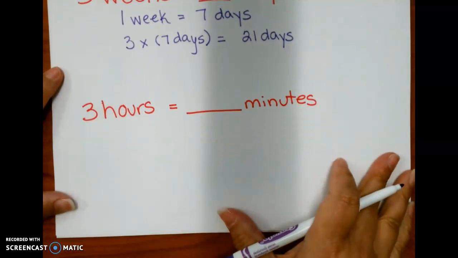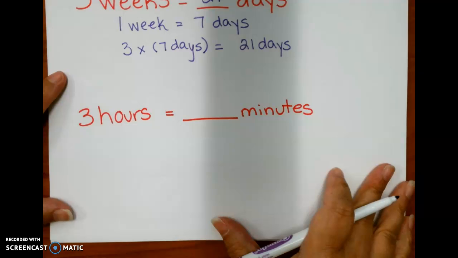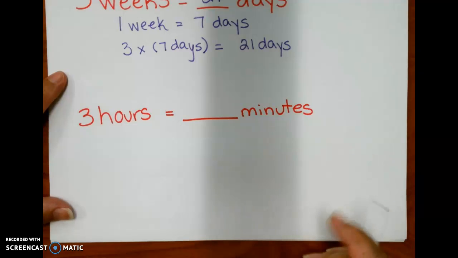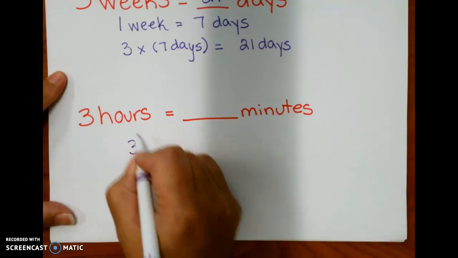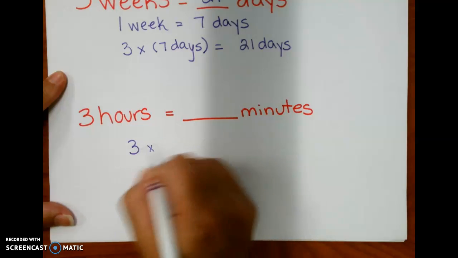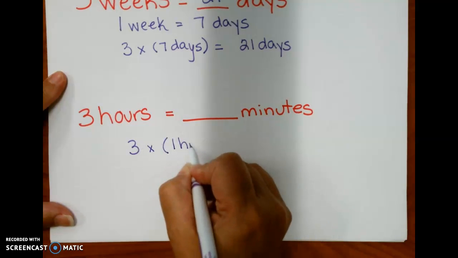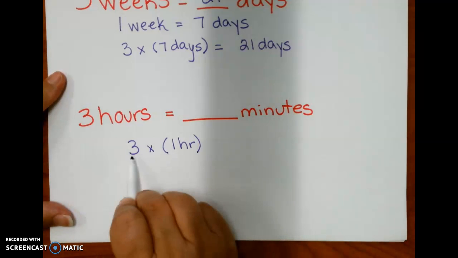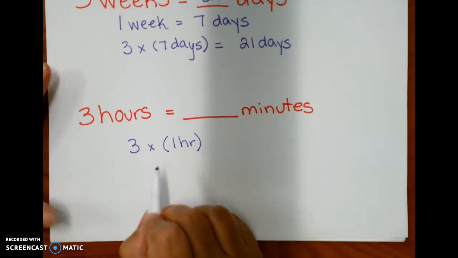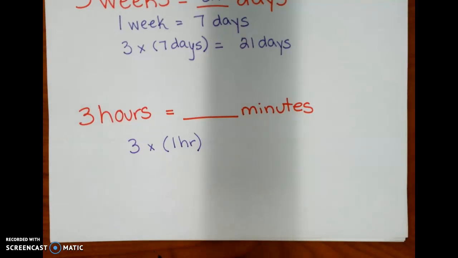Now, what about 3 hours equals how many minutes? So, I have 3 hours, or 3 times 1 hour, because we can rename this as a multiplication sentence like we did with our decimals, where we took 1 and 5/10 and we multiplied it by 10, so that gave us 15/10.